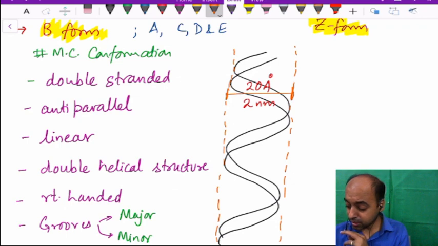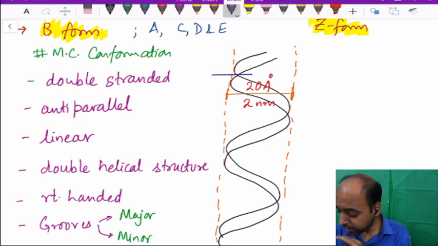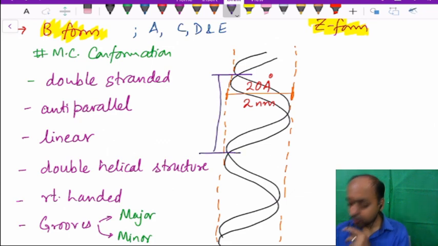The second part is, what is the distance occupied by one turn? Now here there is a lot of confusion. Different books might give different answers.